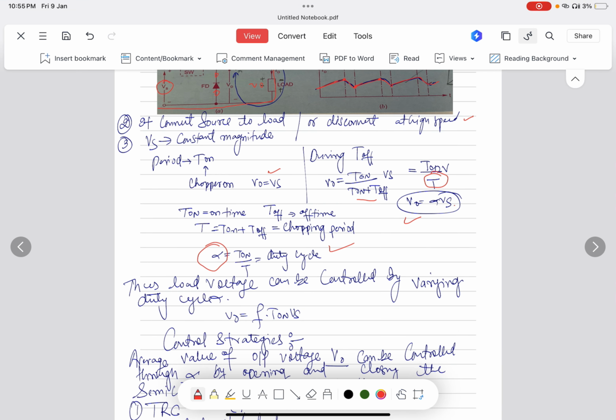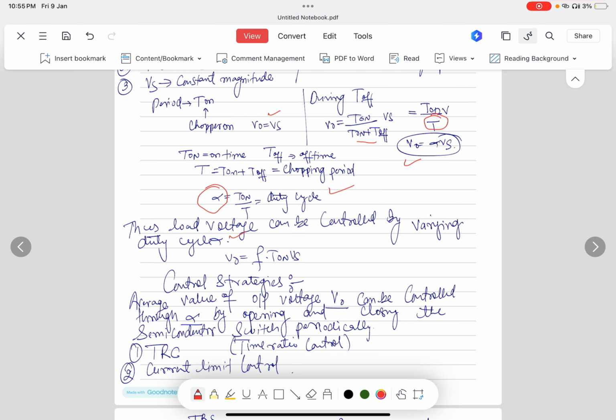The load voltage can be controlled by varying the duty cycle alpha. Also, V equals f into T on into Vs, where T on is the on time of the chopper, into the source voltage Vs.